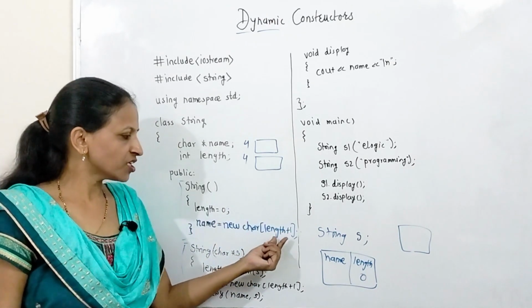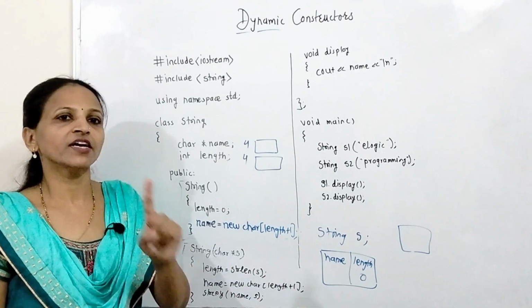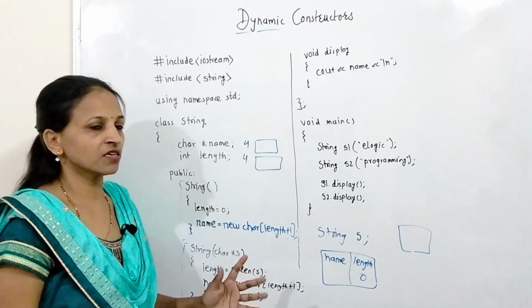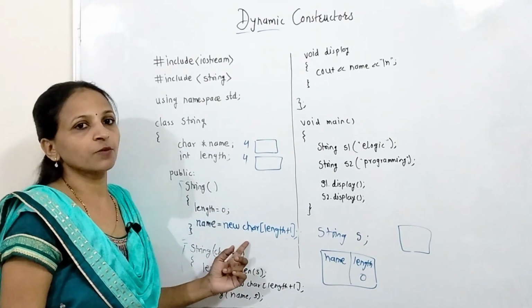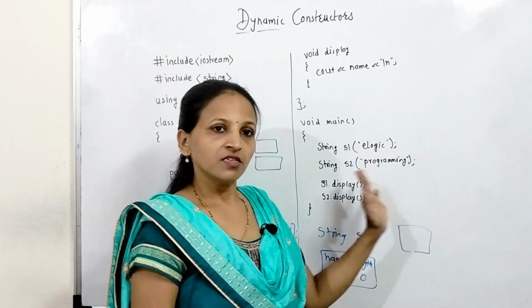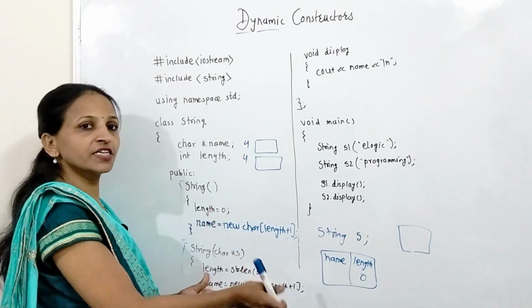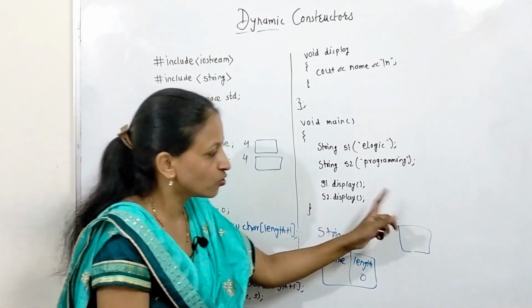If we have mentioned only length plus 1, length is 0, 0 plus 1, 1, means for only one element we are creating space here. Which type of element? Character type of element. Okay, now for one character, space will be allocated inside memory, and this new operator will return the address of that newly allocated block.